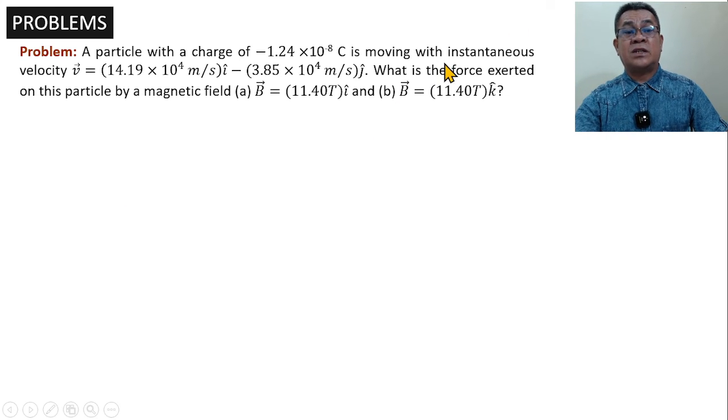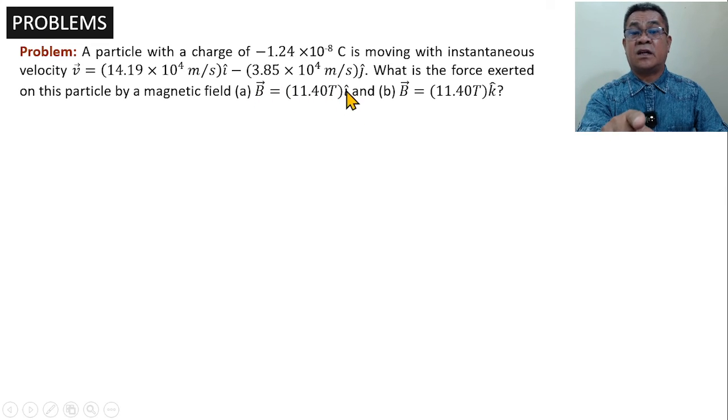Now the question is, what is the force exerted on this particle by a magnetic field? Letter A, the magnetic field is 11.4 Tesla, and this is directed towards positive x because this is I hat. Now in letter B, you are asked again, but this time with the same magnitude, 11.4, the direction of the magnetic field is along the z-axis.